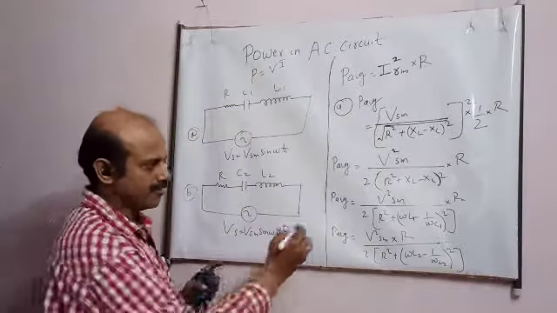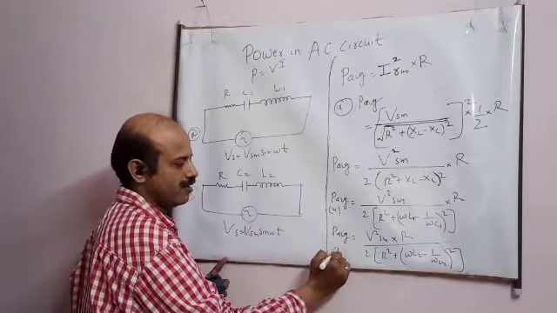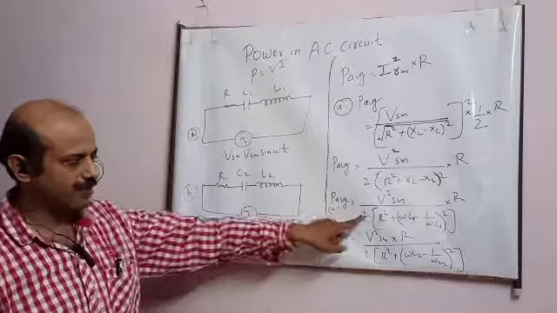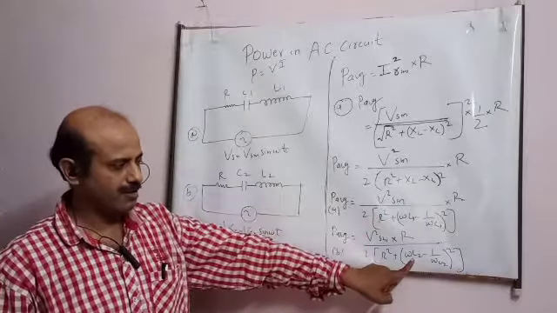Compare, student, average power. This is A, this is B. Say student, average power is different, you see, because these values are different. Can you see it?